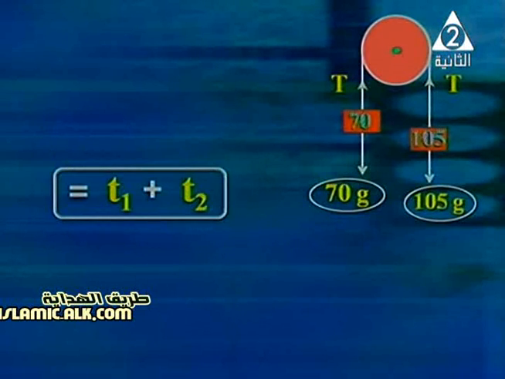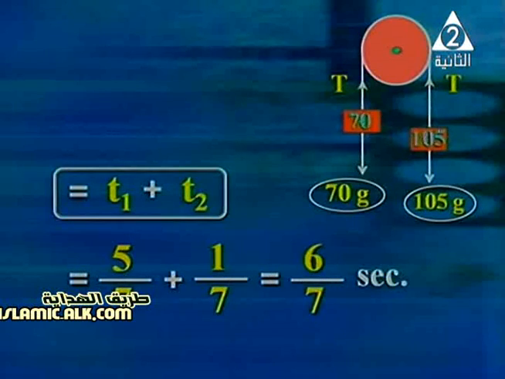After that, we find T, the sum of the two times of the system: 5/7 second plus 1/7 equals 6/7 second.